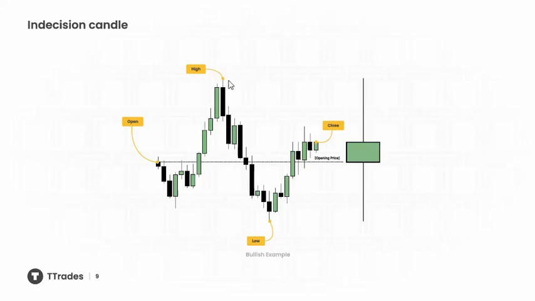So this is a bullish one. When it opened, it first went down and then it came back up to create the high of that candle first, and then it went low again past the opening price to create the low of that candle, and then it moved past the opening price again to close.